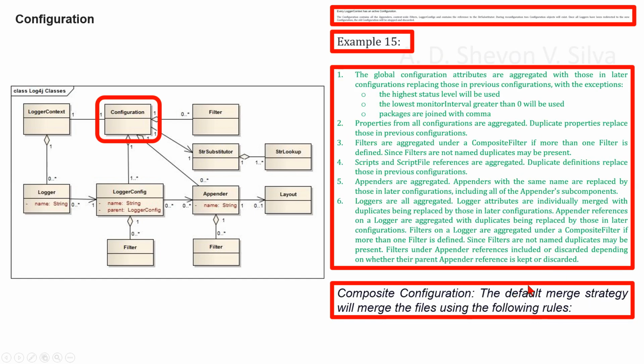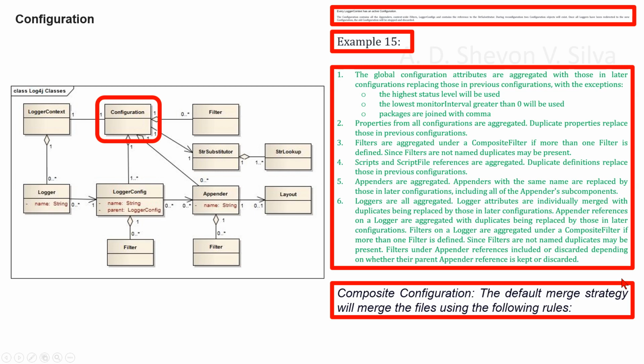This is example 15, where we consider composite configuration. Log4j allows multiple configuration files to be used by specifying them as a list of comma separated paths on log4j.configurationFile, or when using URLs, by adding secondary configuration locations as query parameters named override.